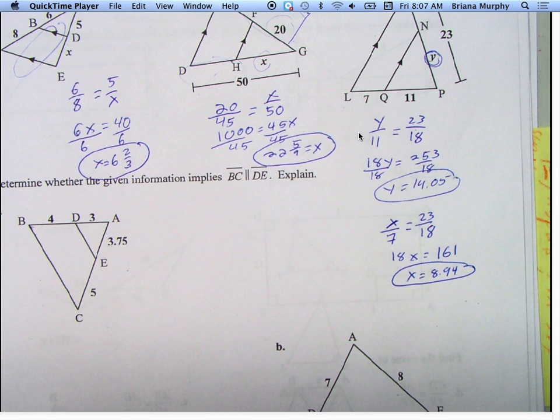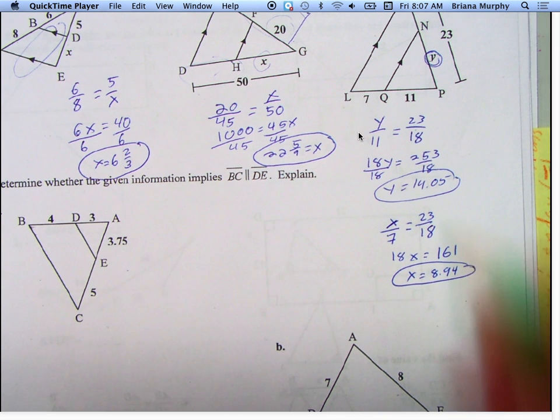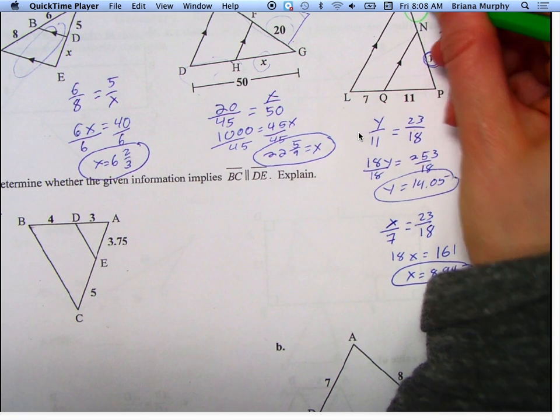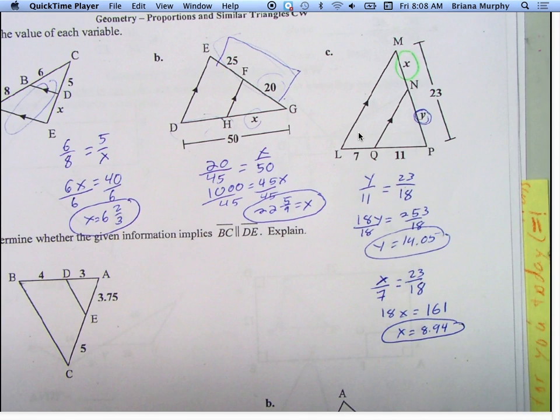Actually, I have a question. Yes. So when you have x over 7, I thought the last one you did 20 over 45. So wouldn't you do like 20x over 23? No, because see how x is just this little part right here, just between M and N?